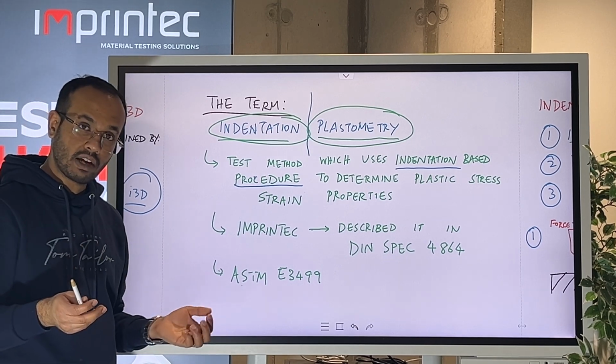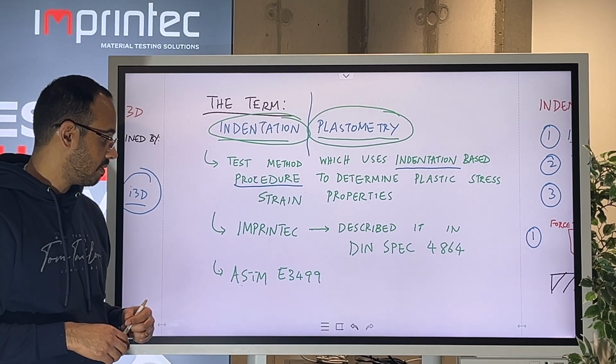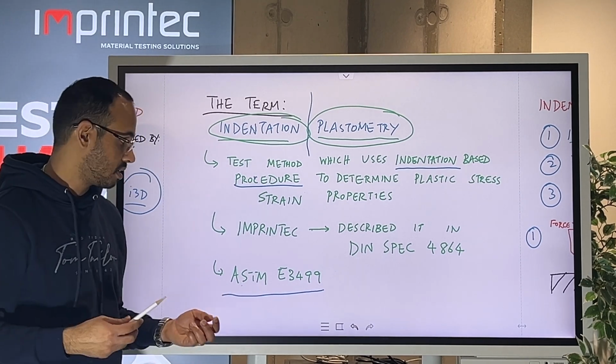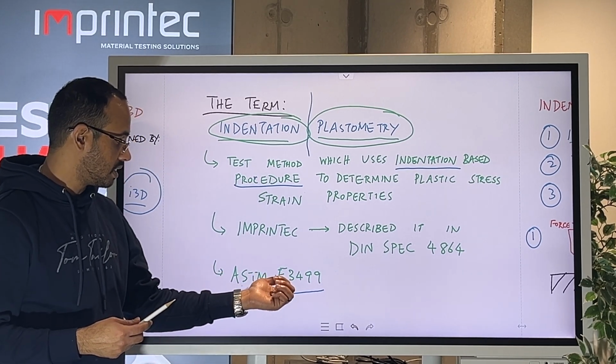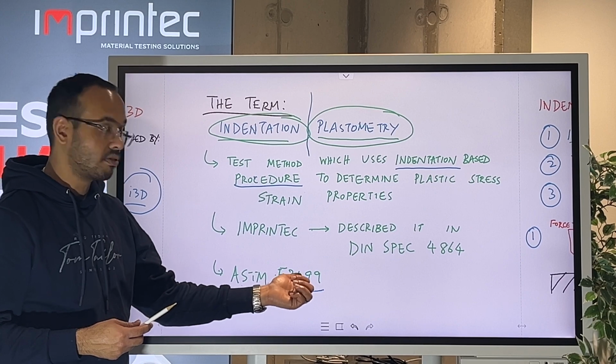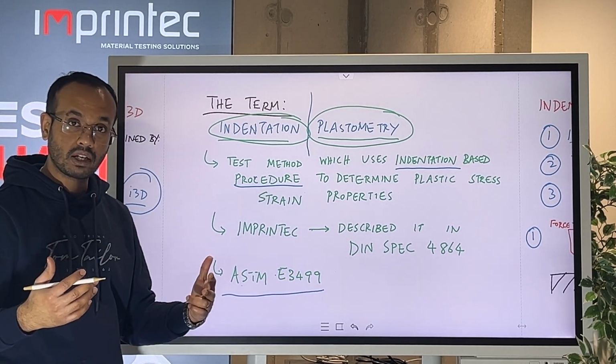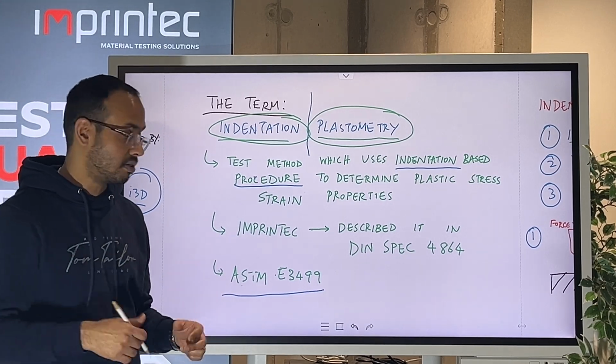At the end of last year, in 2025, we received the ASTM International standard for this procedure. It is ASTM E3499. So this method is now globally recognized and standardized.